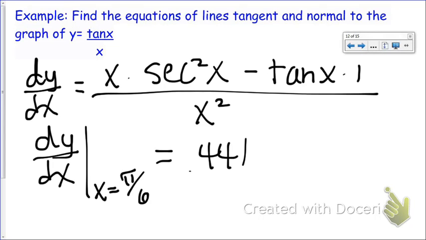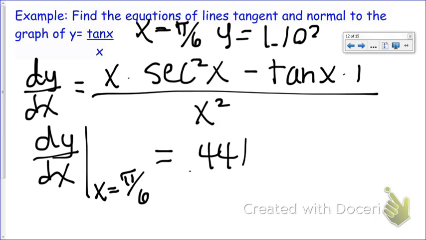If we find the y value when x is pi over 6, y would equal 1.103. And let's use all decimals, so let's take a look at what is pi over 6, which is 0.524. Now I write my equations.